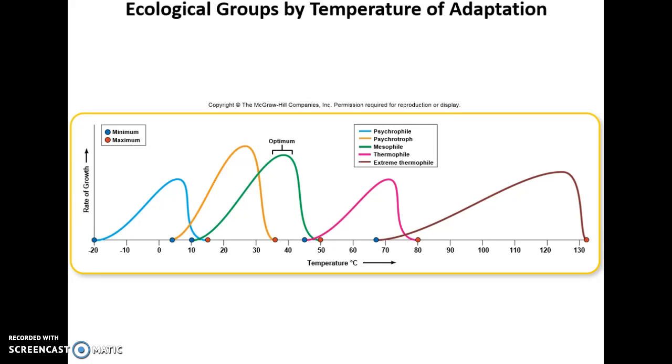Then the thermophils love heat, and those are going to have a most efficient growth right at about 70, 72 degrees. And then there are the extremophils. All right, the extreme thermophils, they are extreme in their love for heat, and so those are going to grow at like 125 degrees Celsius.